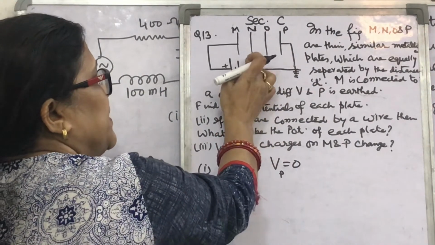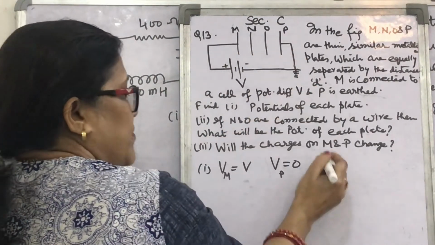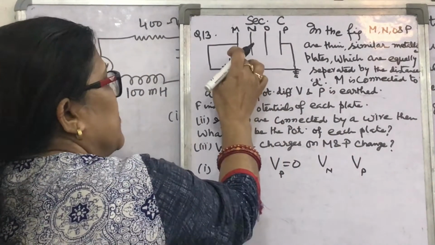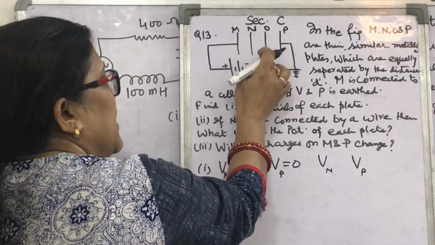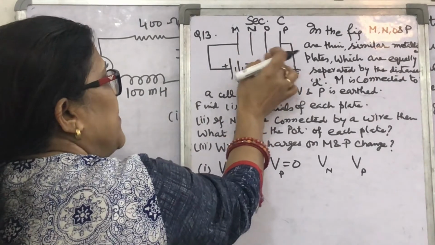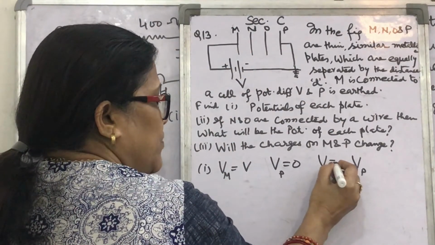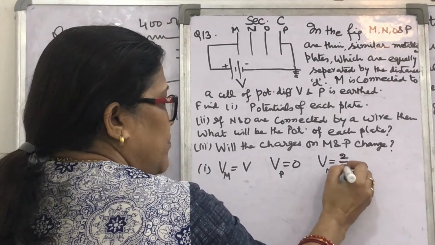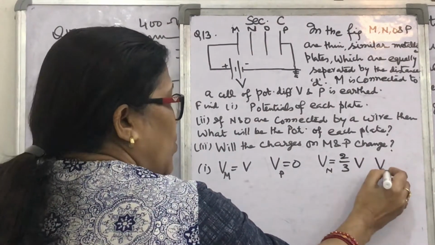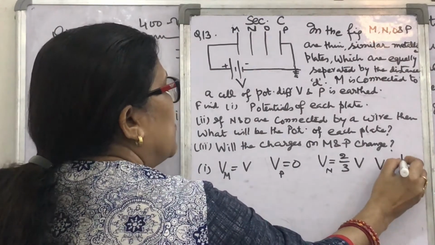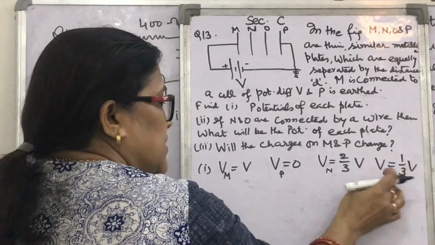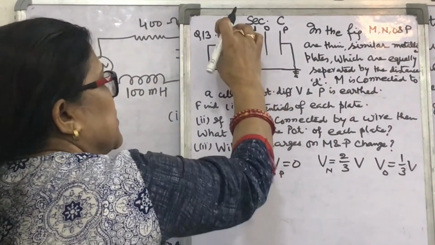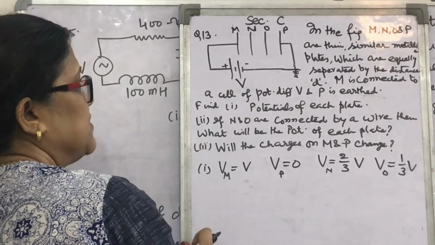Then what will be the potential of N and O? You have to divide the potential difference V for N and O, which are equally separated. So what will you write for Vn? You write Vn as 2/3 of V, then Vo as 1/3 of V, because 1/3 and 2/3 addition will make V. In this way the fall of potential takes place.